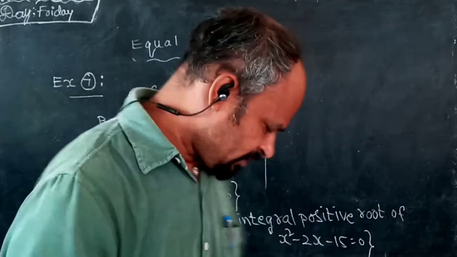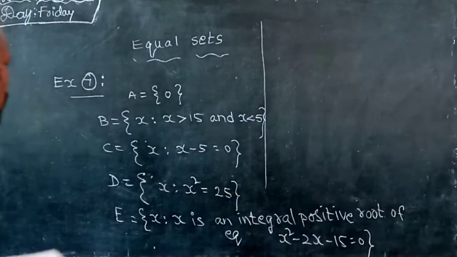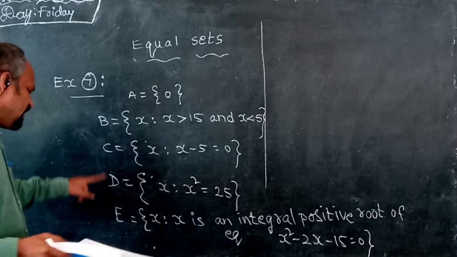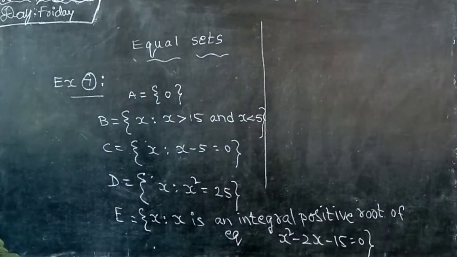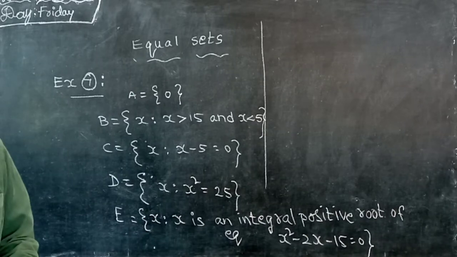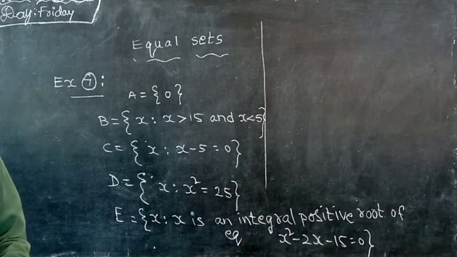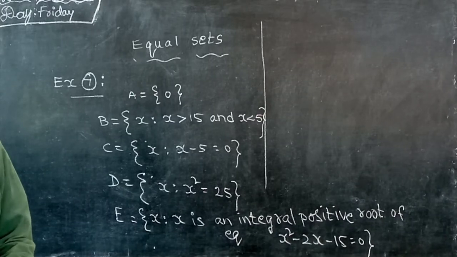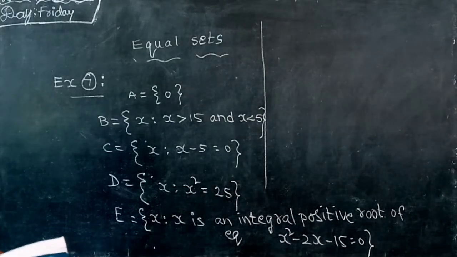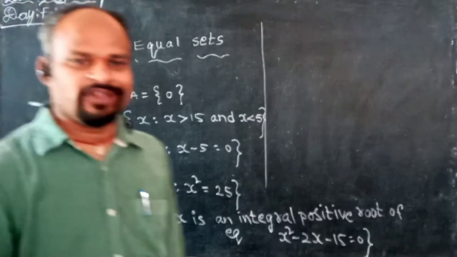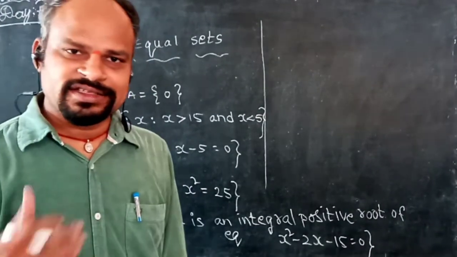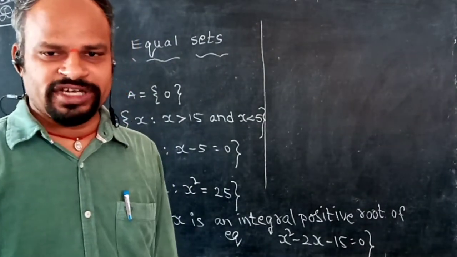Okay, right. Now let us see, they have given A, B, C, D, E. We need to find the pairs of equal sets, if any, and give reasons. When we say whether they are equal sets or not, first, what are equal sets? Let us consider A and B, two sets.